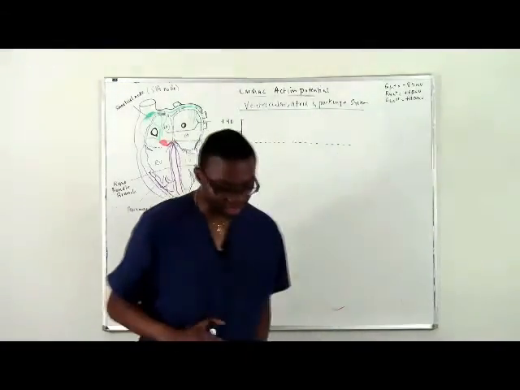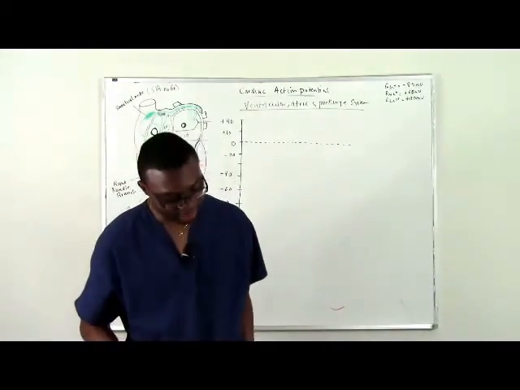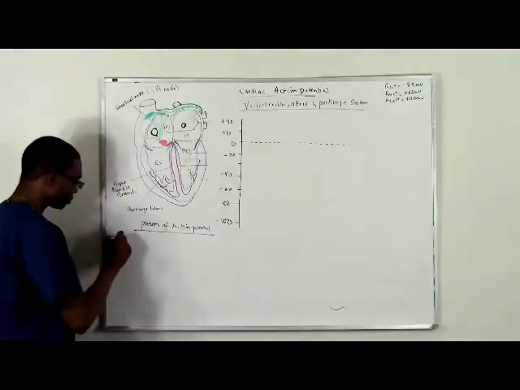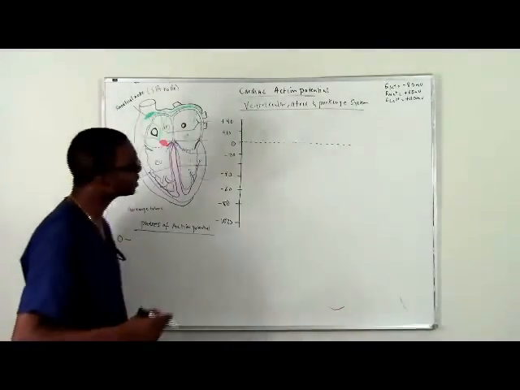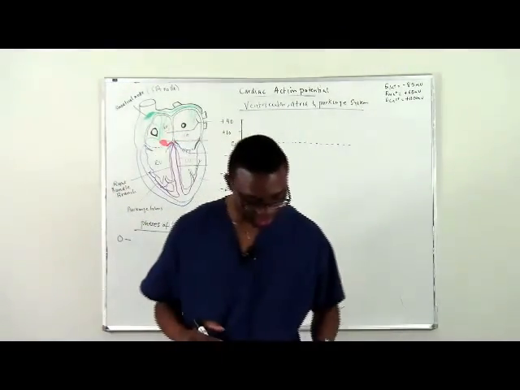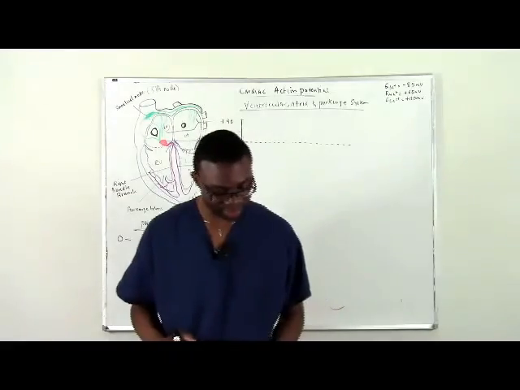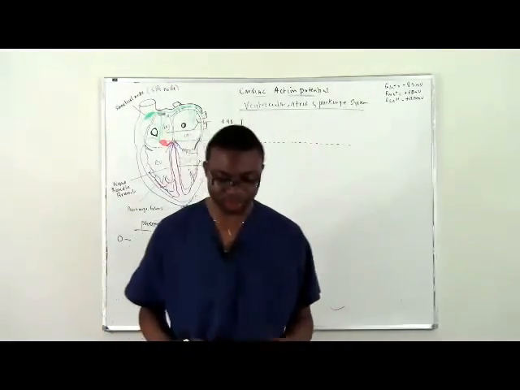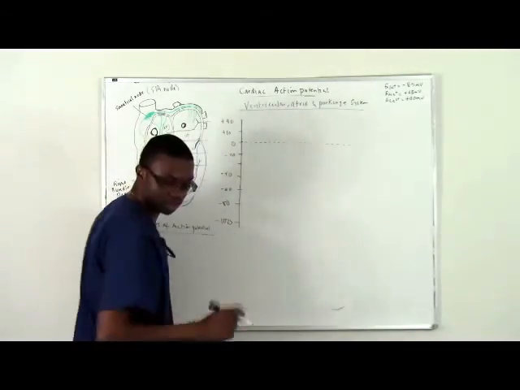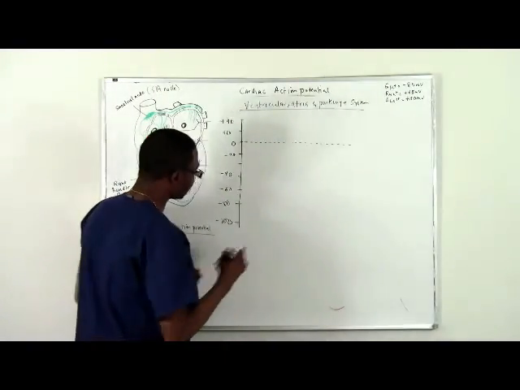So the first phase is known as the phase 0. What happens in phase 0 of the action potential? Well, in phase 0, this is known as the upstroke potential. So what I'm going to do is start at negative 90.